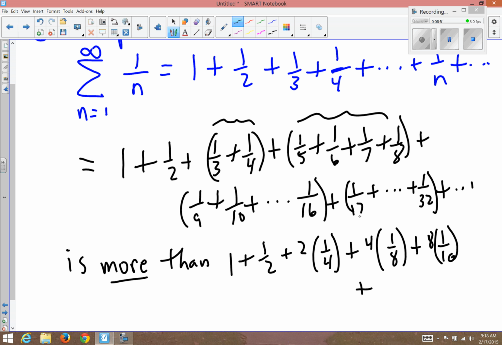The fractions in this set of parentheses, there are 16 of them, and the total of those numbers is more than 16 times 1 over 32, because each fraction before the 1 over 32 is more than 1 over 32, and so on.